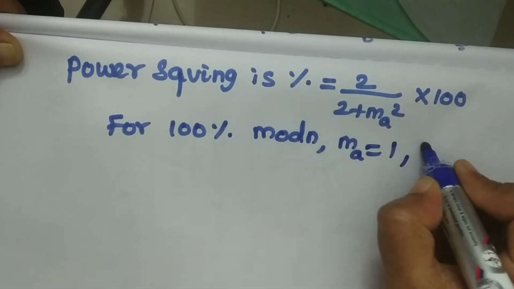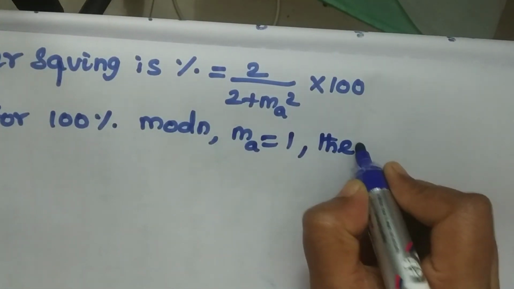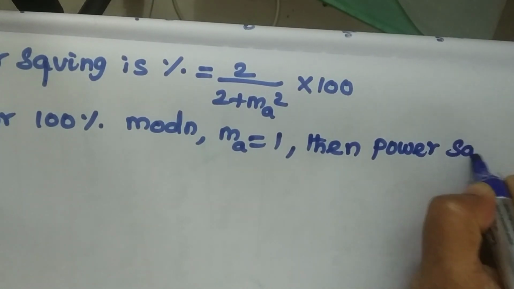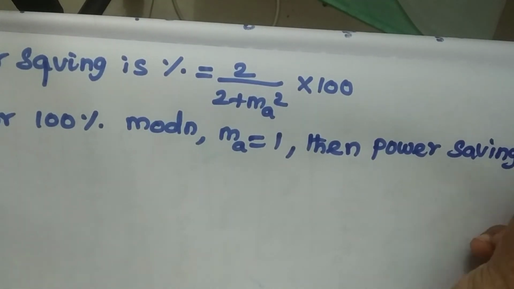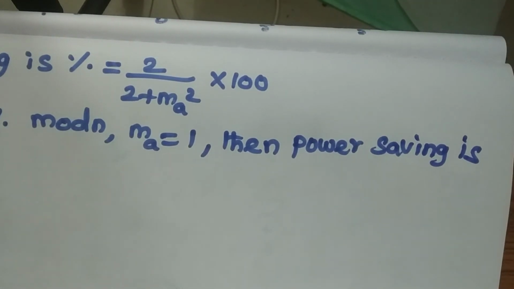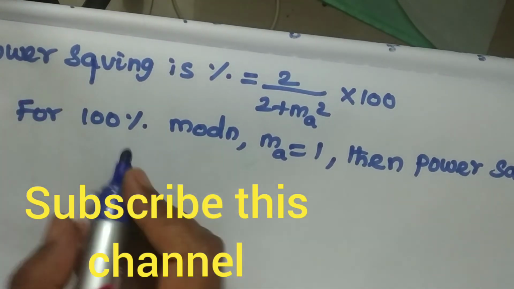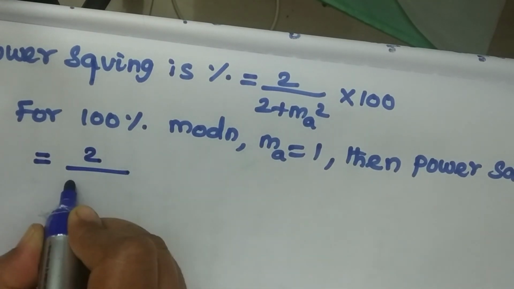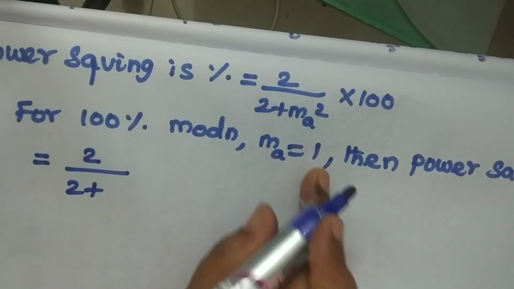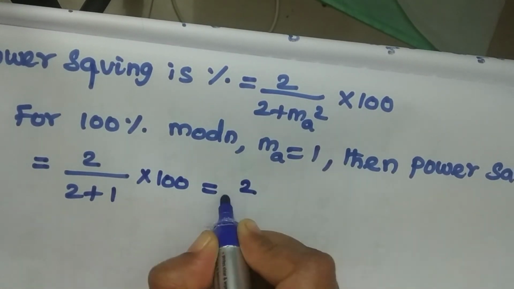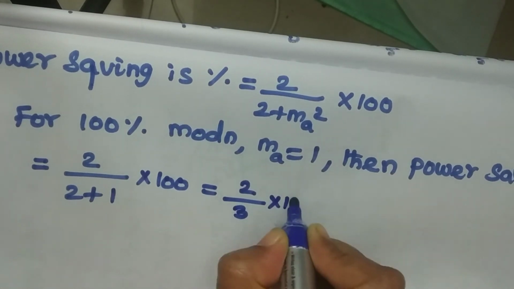So then for 100% modulation, power saving is 2 divided by 2 plus 1, into 100, which is equal to 2 divided by 3 into 100.